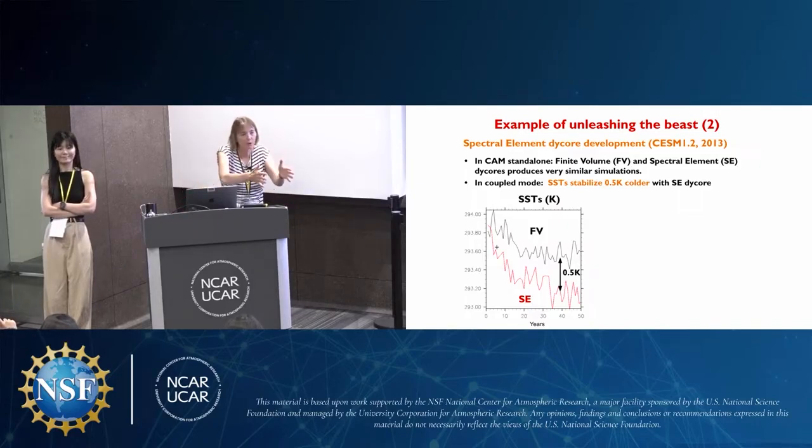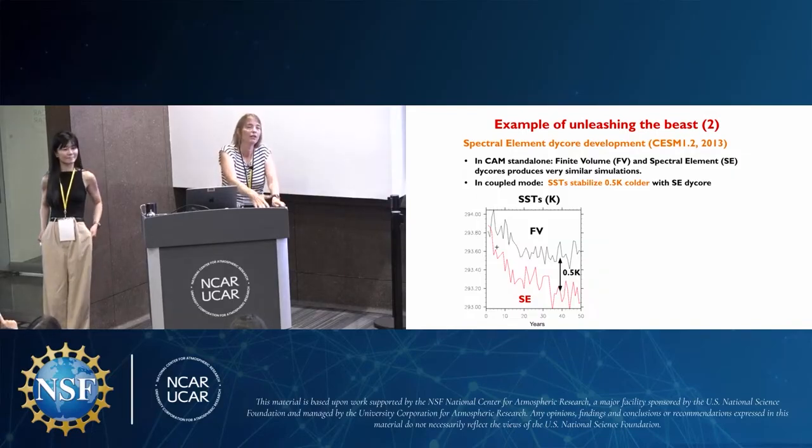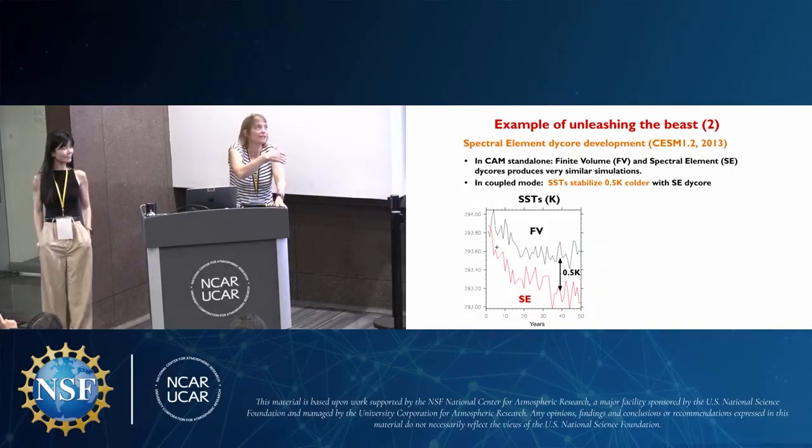At some point, we have to stop and release the model. And if it's good enough, one thing is that it should be better than the previous version, and also that we have new processes included. When we included CAM5, we were able to have the indirect effect, and it was something we wanted to include in the model, but it makes things much harder than when we didn't have the cloud indirect effect.